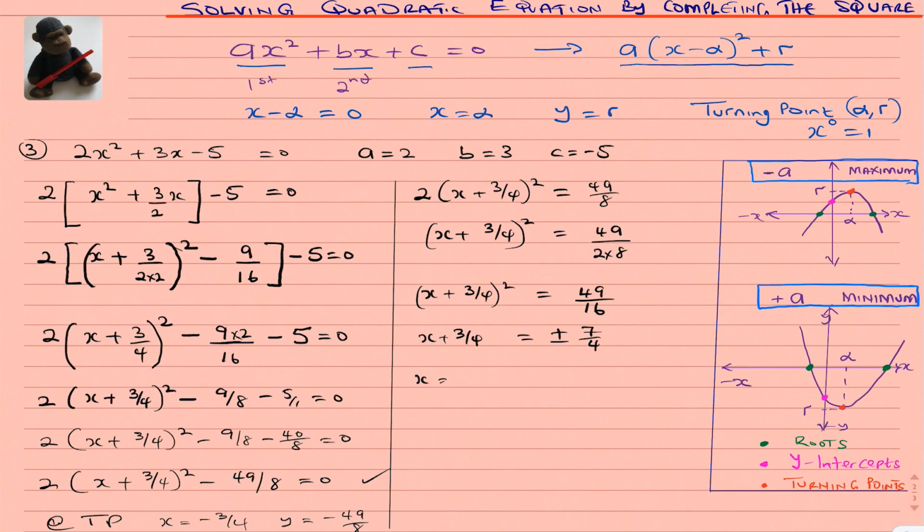Therefore, my x will become minus 3 over 4 plus or minus 7 over 4, which implies that x equals minus 3 plus 7 is 4 over 4, and that equals 1, or minus 3 minus 7 is minus 10 over 4.